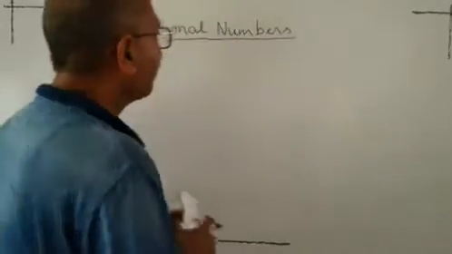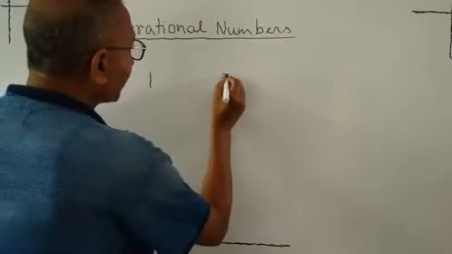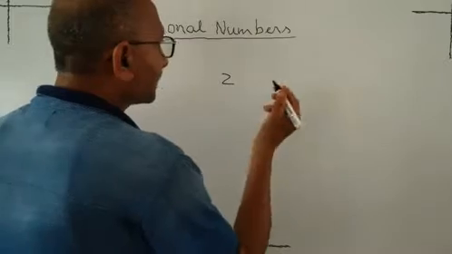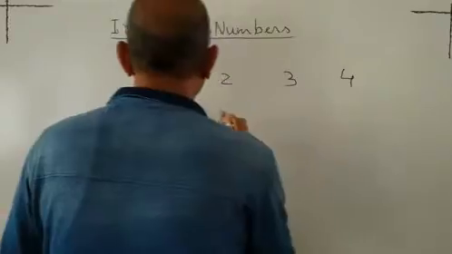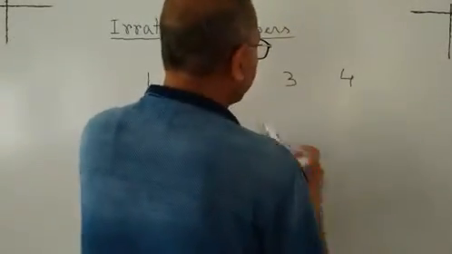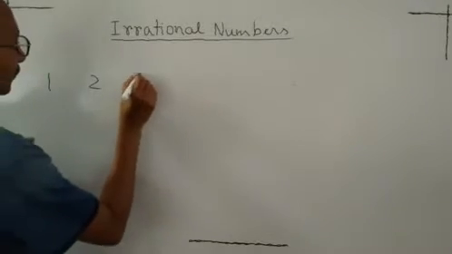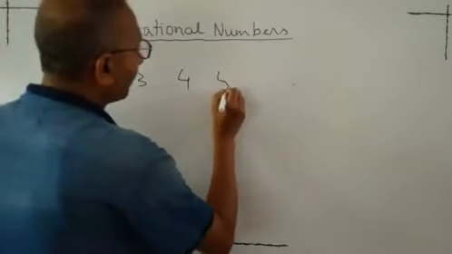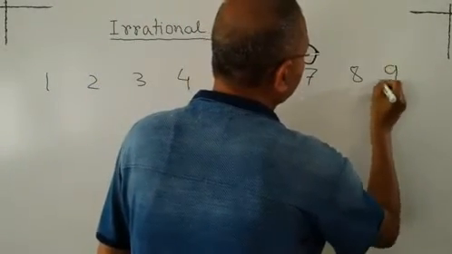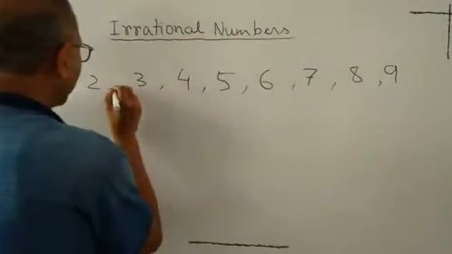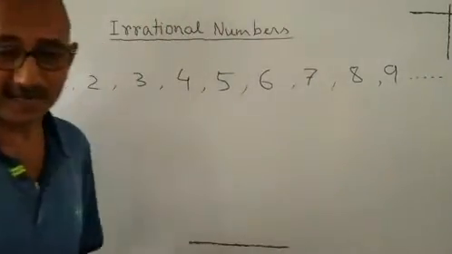Like, say, let me take integers. 1 is a rational number, 2 is a rational number, 3 is also a rational number, 4 is a rational number. 1, 2, 3, 4, 5, 6, 7, 8, 9, 10 and so on. You can say I have written natural numbers here. All these are rational numbers.